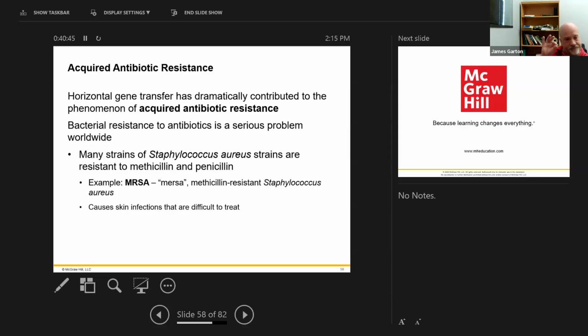And the thing about staph is it's everywhere. A large percentage of the human population has staphylococcus growing on them, especially on the surfaces of their body. And they usually cause no problem at all whatsoever. However, these resistant staph can cause skin infections that are very hard to treat. And they can penetrate into deeper tissues and damage them.